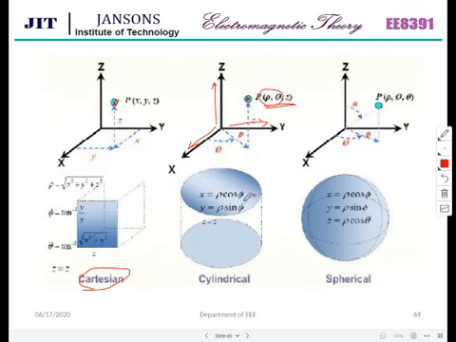Here they have used rho; some books use small r instead. So rho, phi and z, when they represent the same point, is called a cylindrical coordinate.